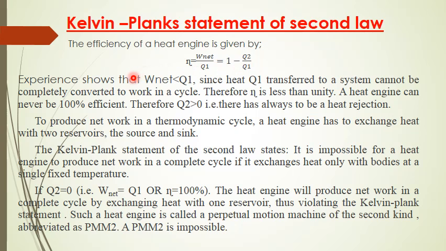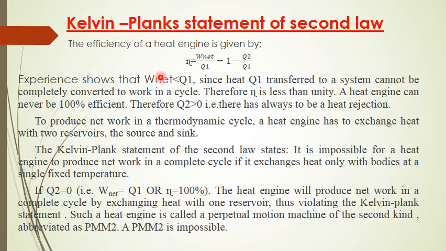From experience, we see that the net work transfer W net through the system is less than the heat added to the system, since heat Q1 transferred to a system cannot be completely converted to work in a cycle. We know that from experiments.